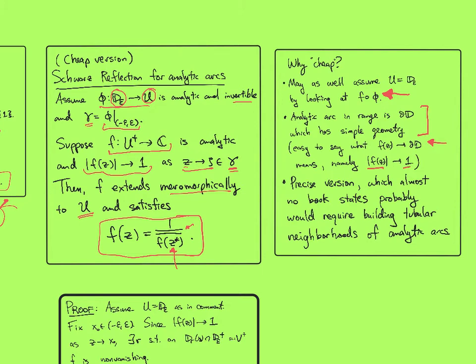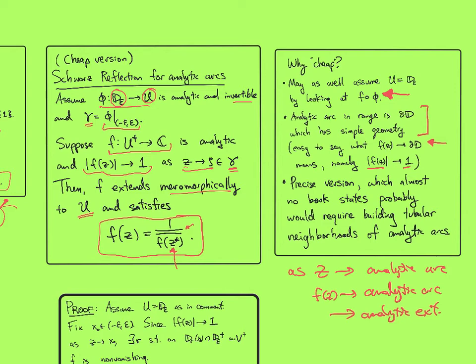A precise version of the statement that as z tends to an analytic arc, f of z tends to another analytic arc implies analytic extension. I have seen no book that has a very precise version of this.